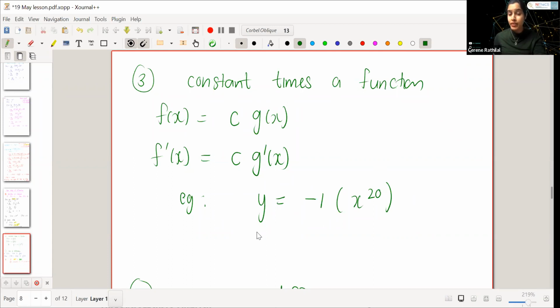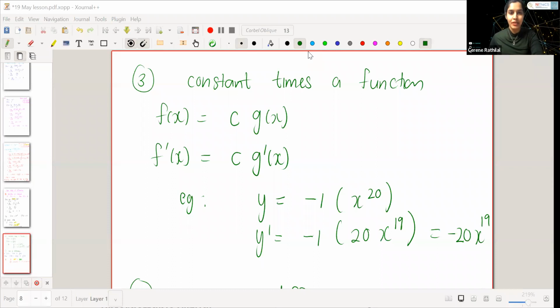And if you do, then you would see that following this rule, the derivative of y is merely the constant times the derivative of that function. What is the derivative of this function, x to the power 20? It is merely 20 times x raised to the power 20 minus 1, which is 19. And so this is negative 20 times x raised to the power positive 19. Are we happy with that? Has everybody followed?